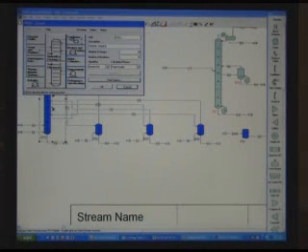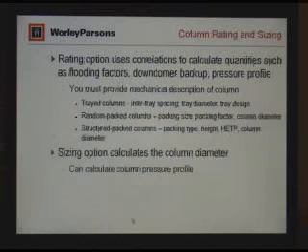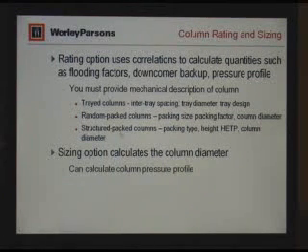Okay, let's go back. So if you want to rate a column for trays, I didn't show you that, but you need to give inter-tray spacing, the diameter of the tray, and what the tray looks like. For random pack columns, you need the packing size, packing factor, and then the column diameter.